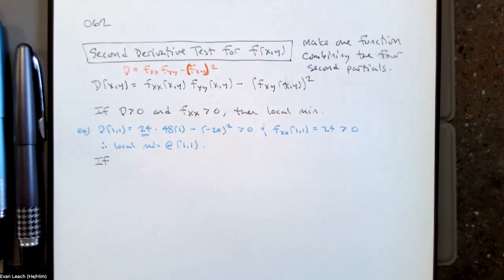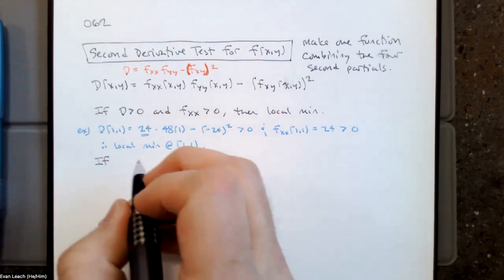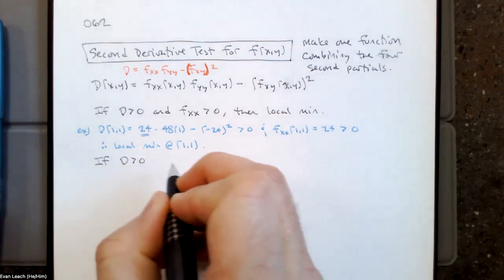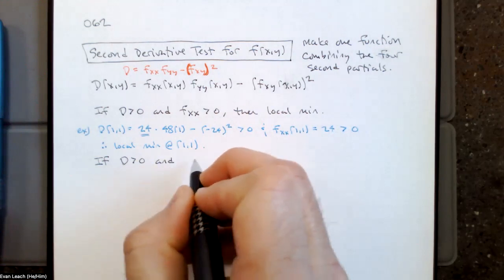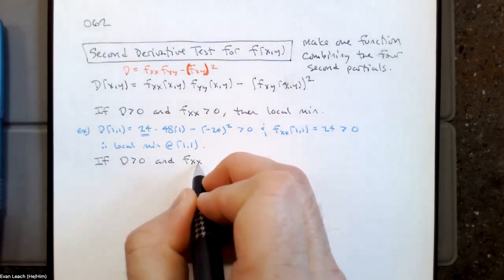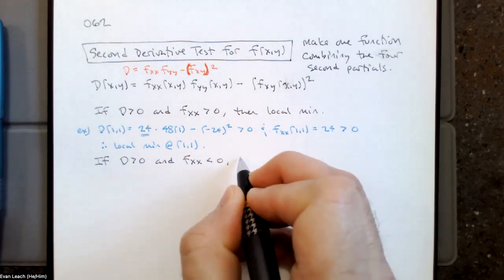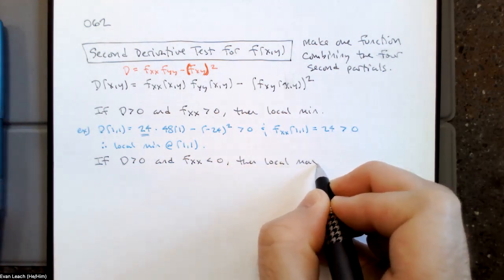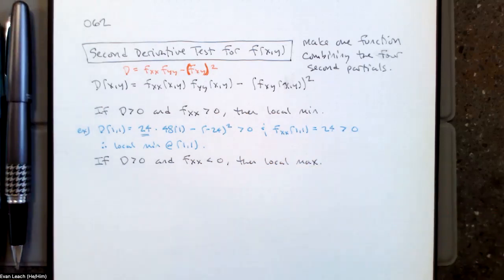Here are the conditions where we can conclude local maximum. We say local maximum if this quantity D is positive and fxx is negative. The fxx, that second derivative being negative, says local max. That's normal.